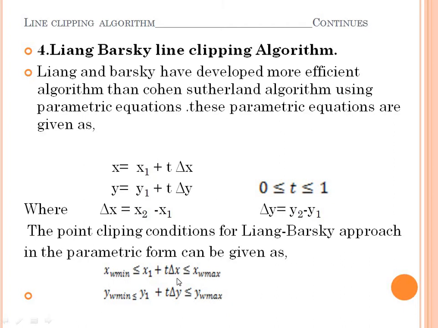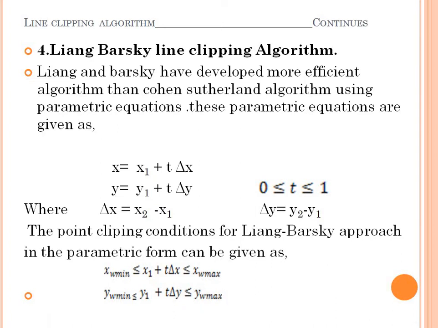By replacing x and y with x1 plus t into delta x and y1 plus t into delta y, we get the two inequalities: xw minimum is less than or equal to x1 plus t into delta x is less than or equal to xw maximum, and the second inequality is yw minimum is less than or equal to y1 plus t into delta y is less than or equal to yw maximum.